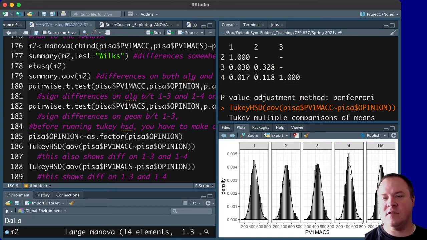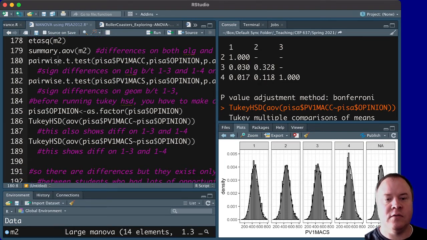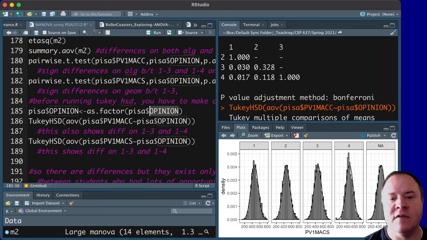Another option would be to use Tukey's HSD. And to do this, you have to make sure that the opinion variable is a factor variable. When running the Manova, if it's not a factor variable, it assumes that it is because you're telling it it's the grouping variable in the function.